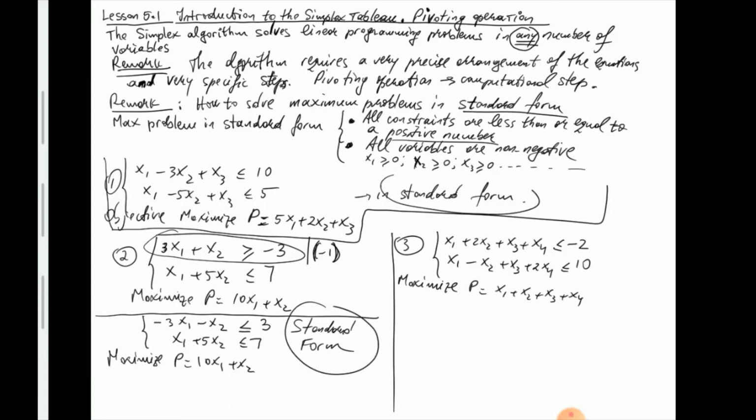On the other hand, some problems are not at all in the standard form, nor can they be brought into the standard form. If you look at this third example and do the same trick, the first inequality is less than -2, so it doesn't satisfy the condition. If you multiply by -1, that reverses the inequality sign.